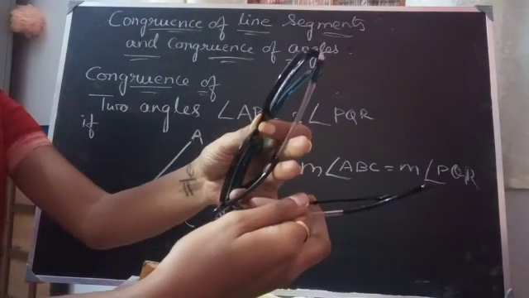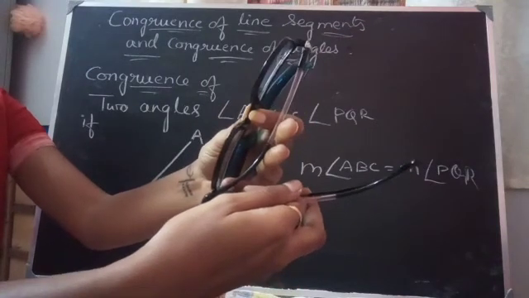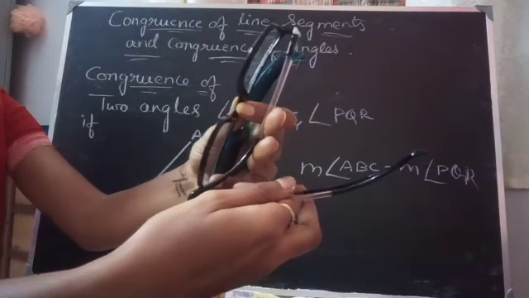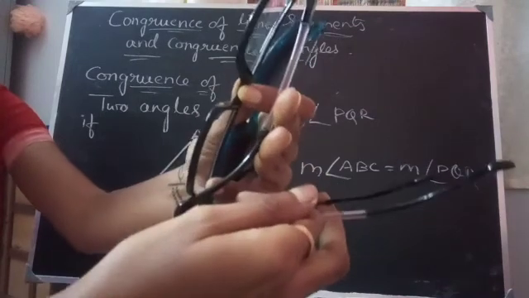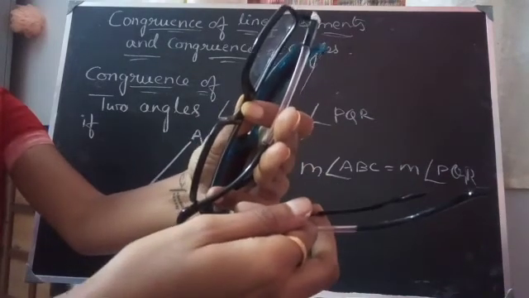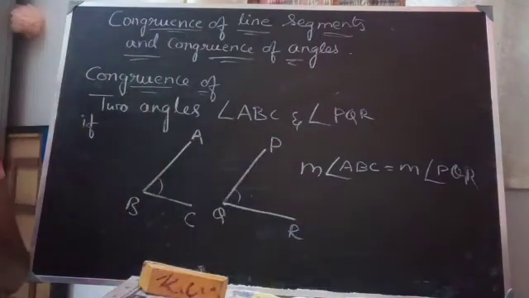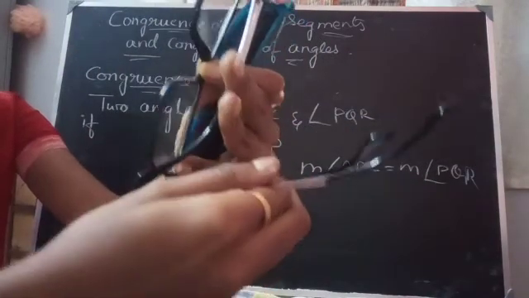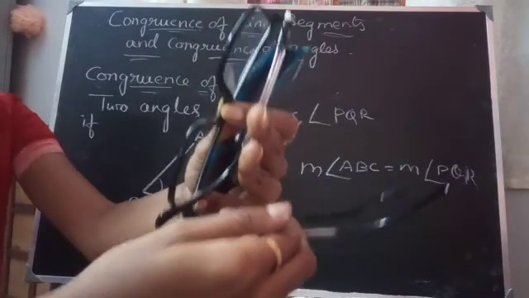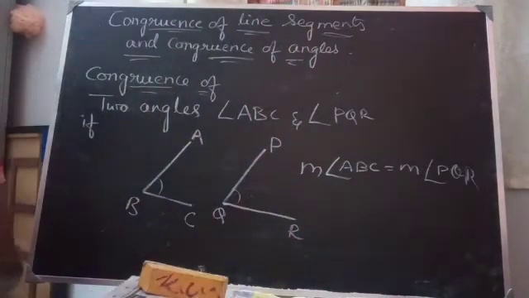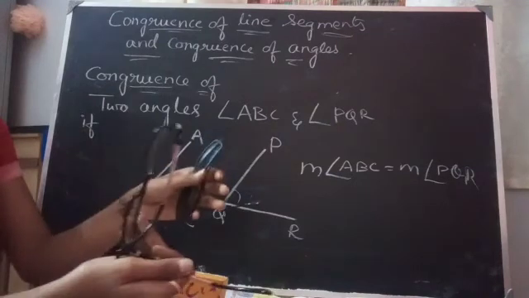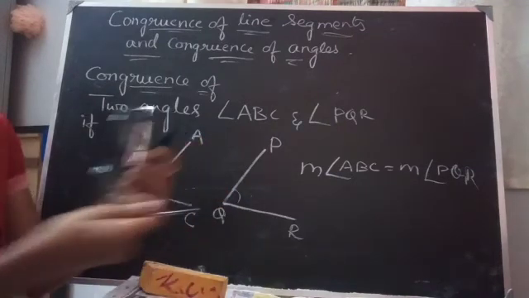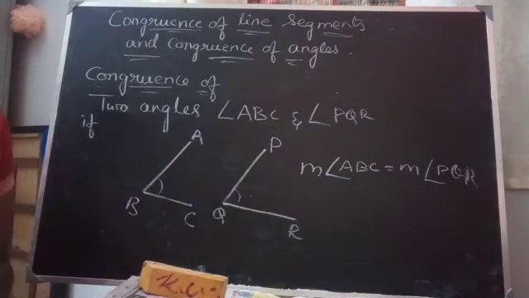See, if you superpose them, we can notice that the angles are equal. If the measures of the angles are equal, then we can say that the angles are congruent.